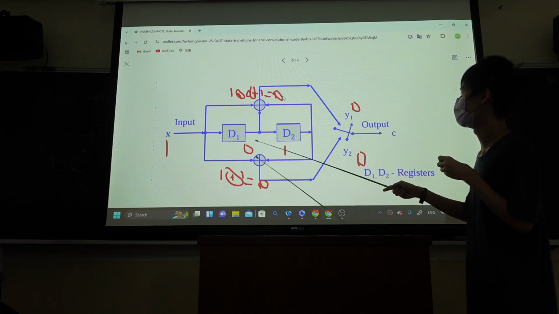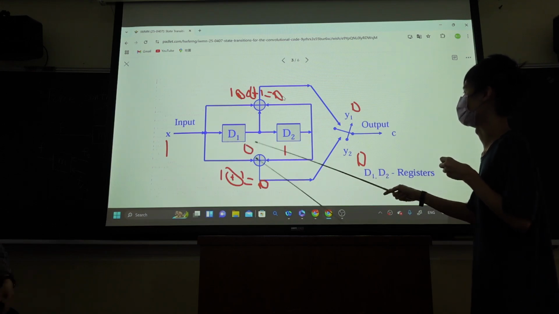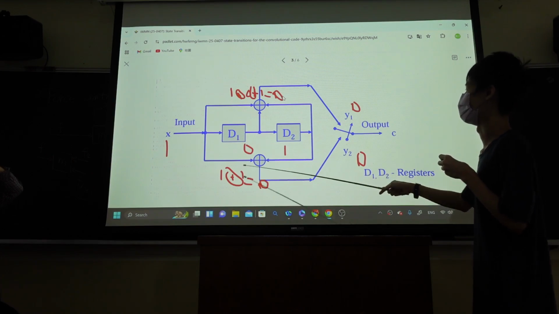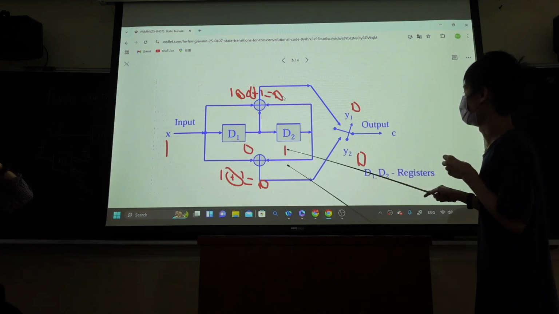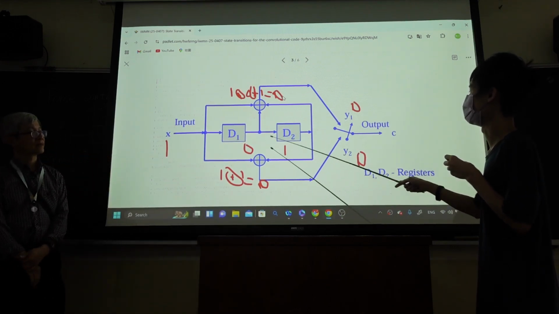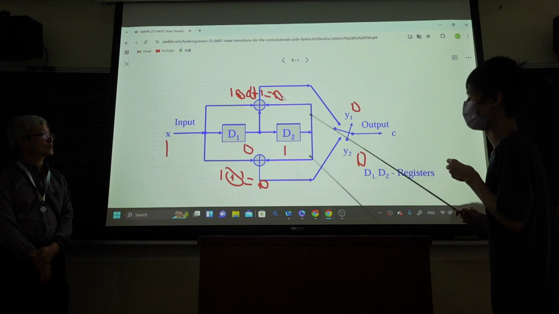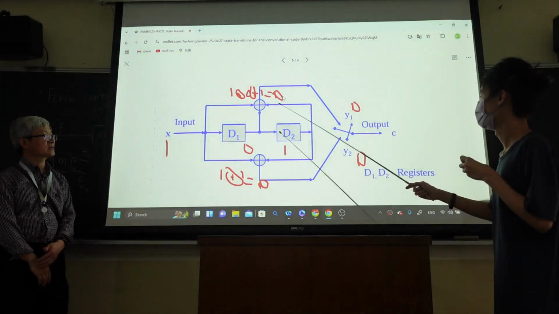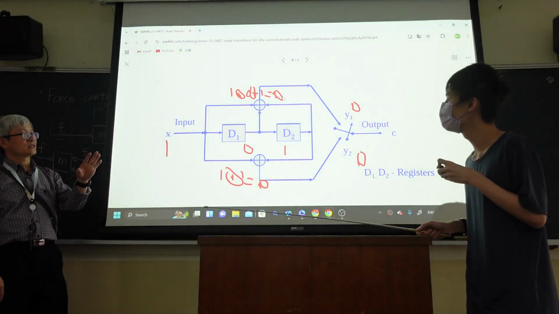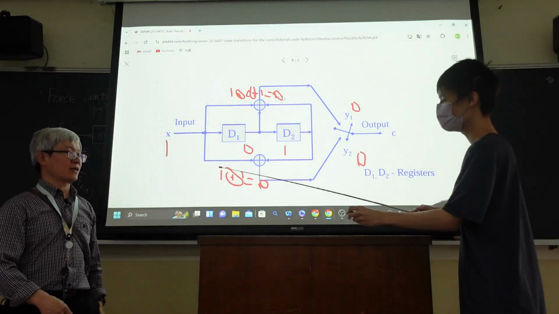And the state, because new d1 is just the input, will be 1. 1, 0, right? And this is O1, and it should be 1. And after the shift, D2 is just D1 shifted, and it will be 0. So it will be the same as the original, 1, 0. I just want to make sure it's the same as the results on the flow chart. Yes, yes. Okay, good. All right, thank you.